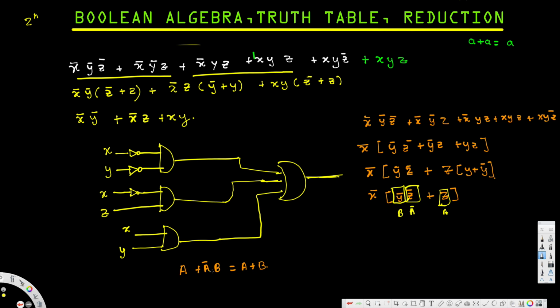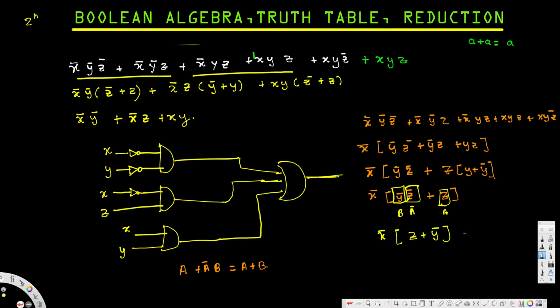Like we can represent a plus a bar b as a plus b. So finally we can express this as x bar, and a plus b is going to be what? z plus y bar.